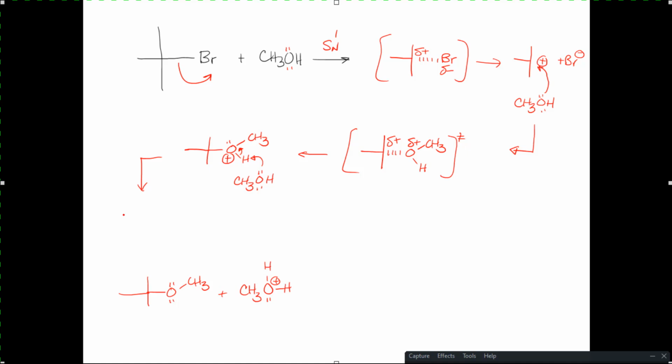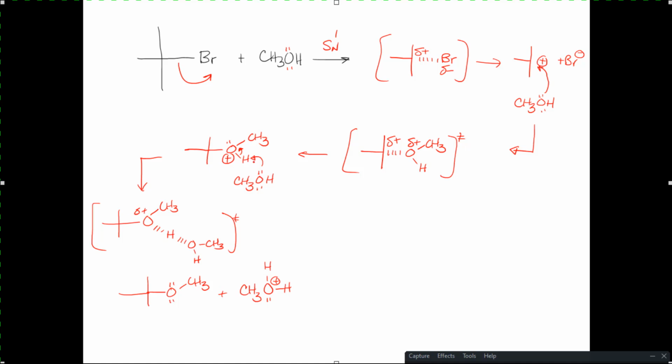So in terms of the transition state, what do I have? I'm breaking the oxygen-hydrogen bond, and I am forming a bond from oxygen to a CH3OH, and then up here is my CH3. In this transition state, one oxygen is going from +1 to 0, so it gets a delta plus.